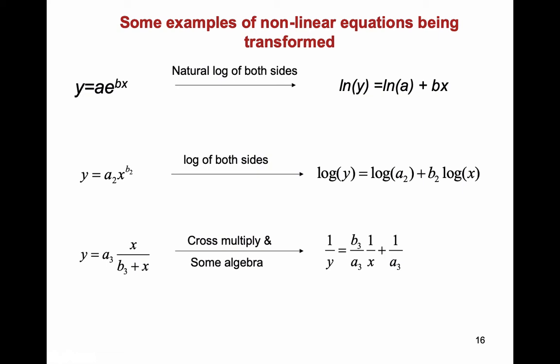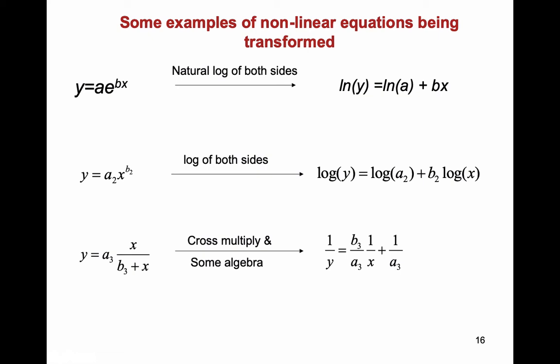Log of a2 is some number. So I have that log y is some number plus another number times log x, and they're all constants. Everybody sees that?